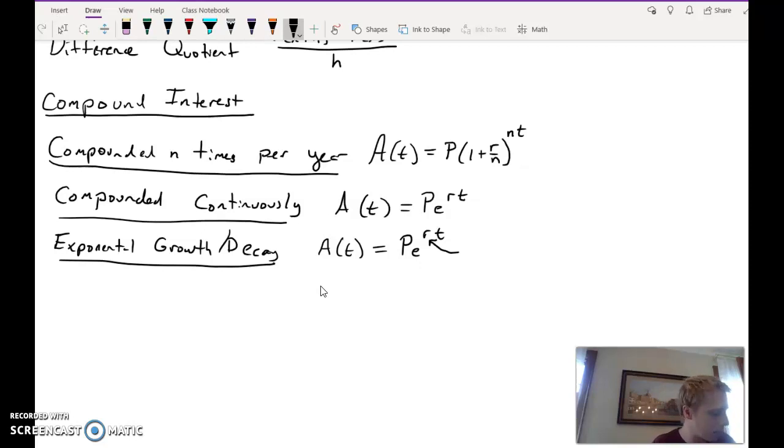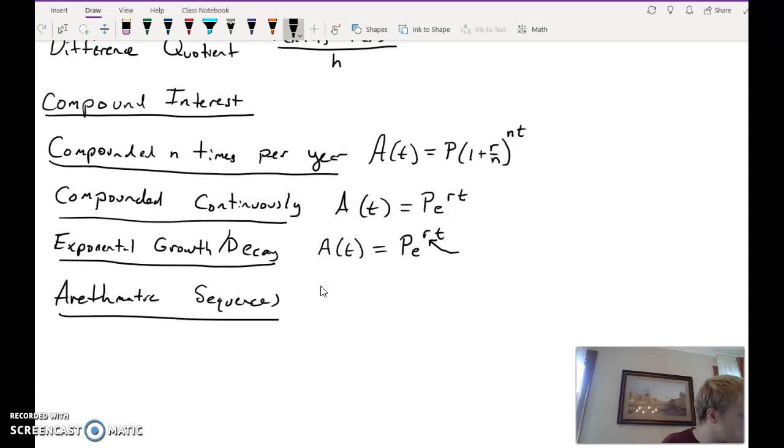So for arithmetic sequences, to find the nth term of an arithmetic sequence, you would say the nth term is equal to your first term plus the common difference times n minus 1.